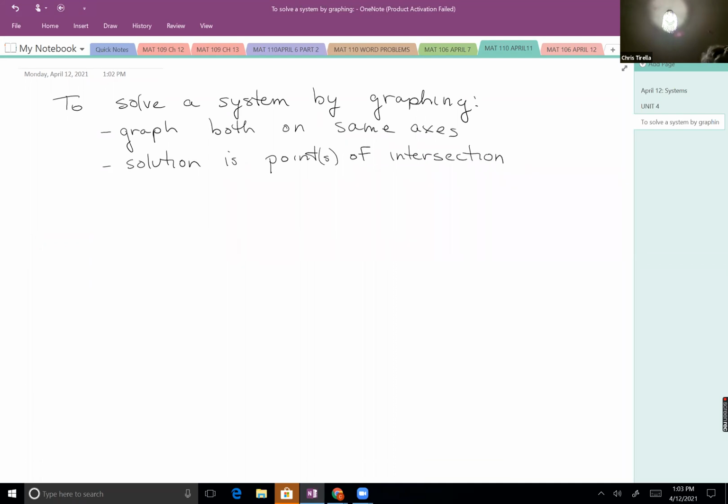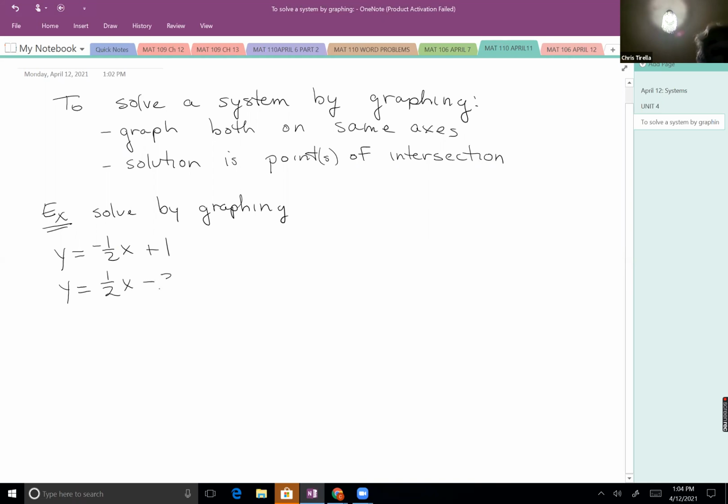And again, I would like to take the time to show you three systems graphically, just so that you can wrap your minds around the different possibilities that can occur with these systems. So first example, let's solve by graphing the system y equals -1/2 x plus 1, and y equals 1/2 x minus 3.